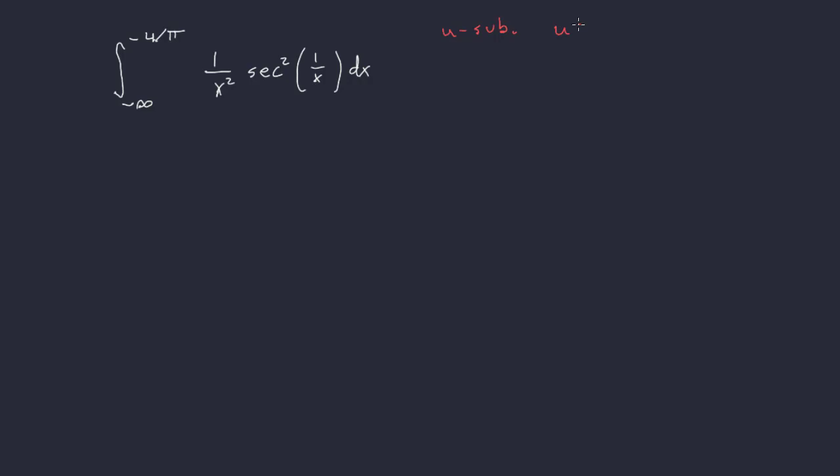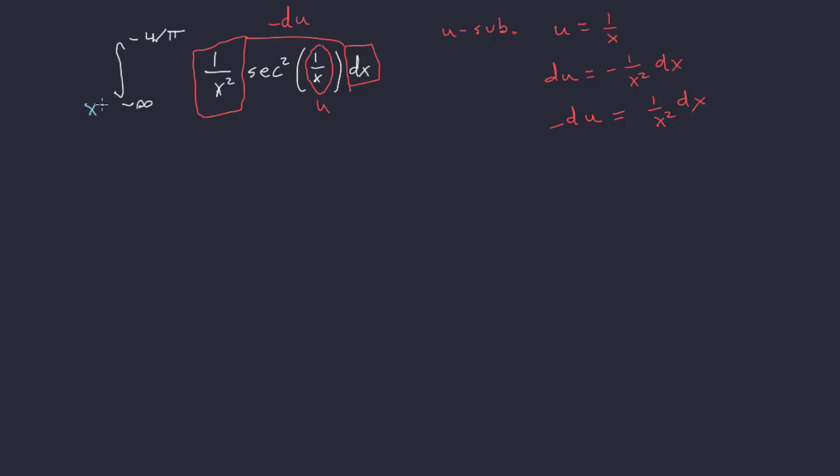So if I let u be 1 over x, then du is going to be negative 1 over x squared dx. So really, I'm going to be replacing this with a negative du. This will be our u. These together will be our negative du. And then our limits here are in x's.